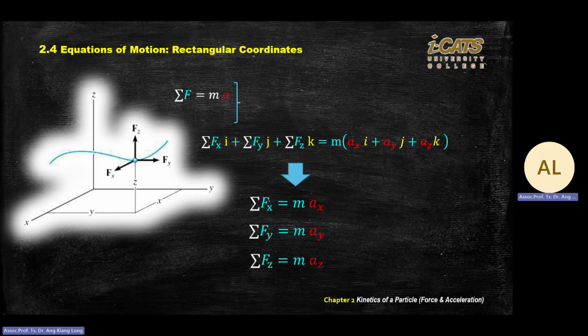Okay? So when you see the question in 3D, straight away, you write the general equation, all the force equal to ma. Next step, you write all the force in x, Fx equal to max, all the force in y, Fy equal to may, all the force in z, Fz equal to maz. This is the first step for a chapter 2 question.